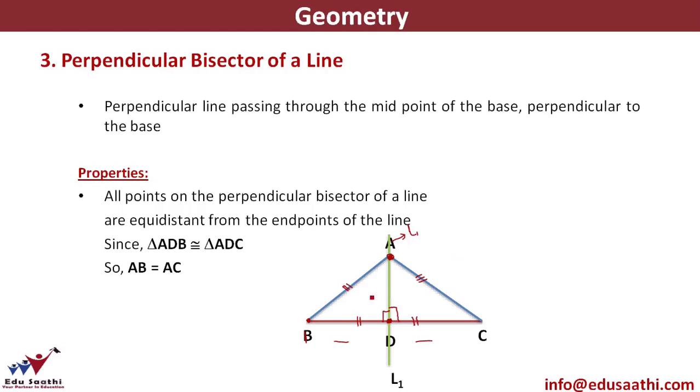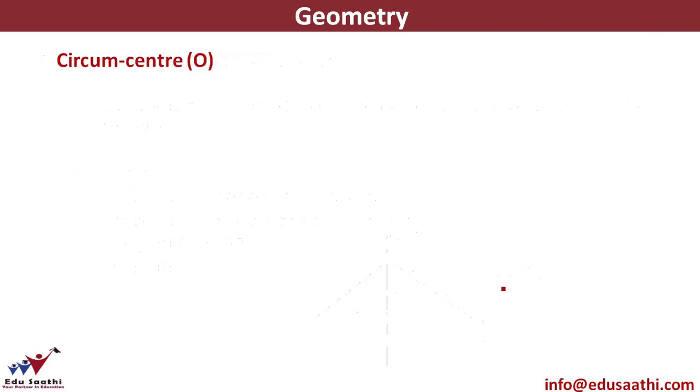If I have to prove it, again I'll prove that the two triangles are congruent because the base is the same, the angle is the same, and this side is common. So with the SAS rule, I can prove that the two triangles are congruent. Once the triangles are congruent, the corresponding sides are also equal, and I will get AB equal to AC.